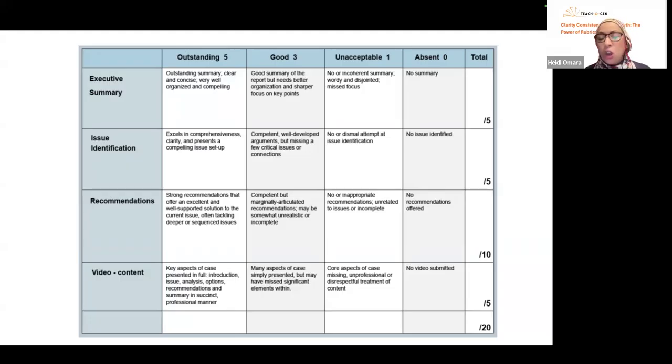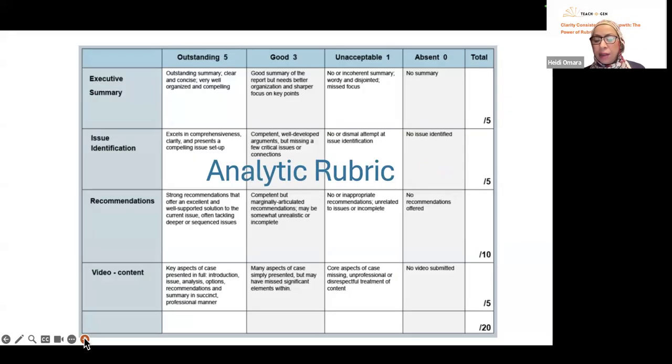It's not just a holistic grade. People need to know exactly what grade they got in what. So he took 3 in executive summary, could be. In issue identification, got 1. In recommendation, got 0. And in video content, he got 5. Not all of them in one grade. It's divided, right? In this case, we call it an analytic rubric because it analyzes each and every part of the assessment alone.